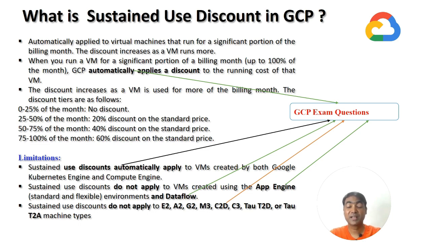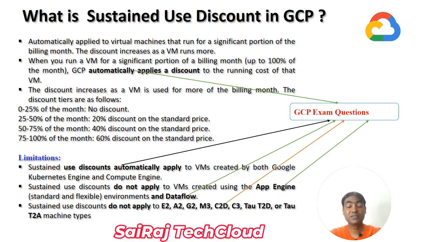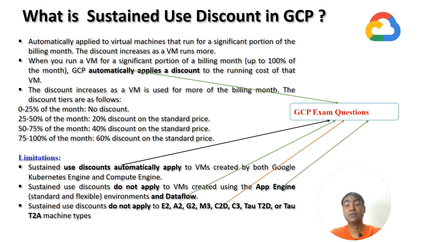GCP automatically tracks your VM usage throughout the month and applies the appropriate discount based on the usage. You can see the sustained use discount on your GCP bill, making it easy to understand how much you are saving.